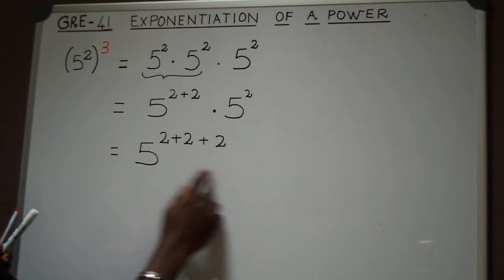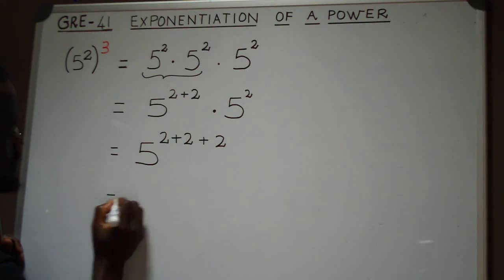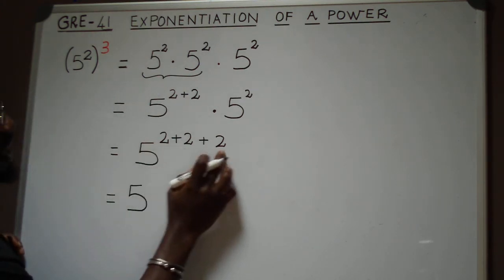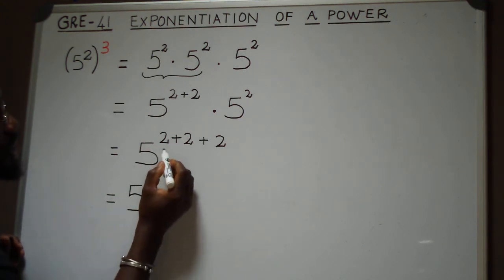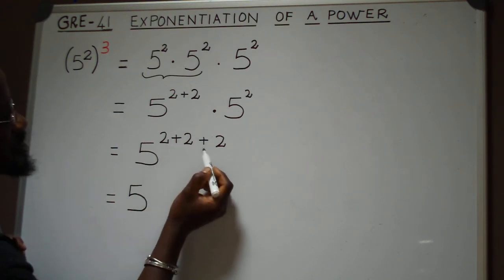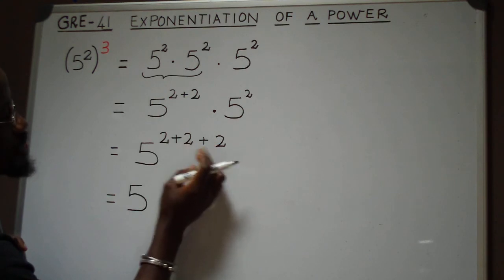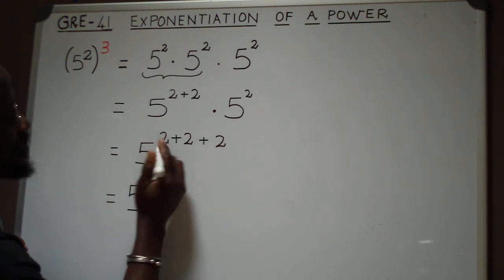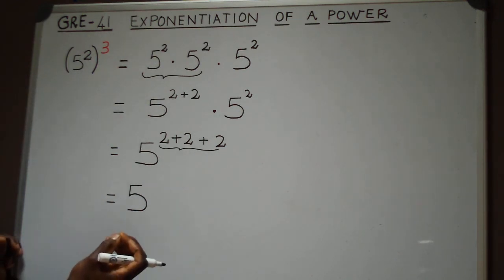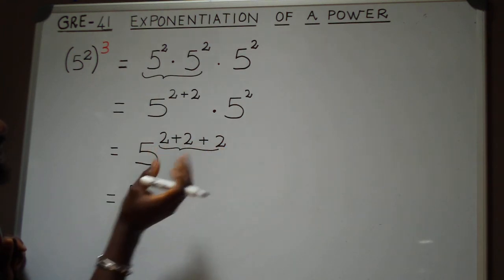Can we simplify this expression any further? Yes, we can write it as follows. This is 5, and the exponent is 2 plus 2 plus 2. Therefore, it is a repeated addition of 3 terms, each of which is equal to 2. So this is 3 times 2, because we all know that multiplication is a shorthand for repeated addition.